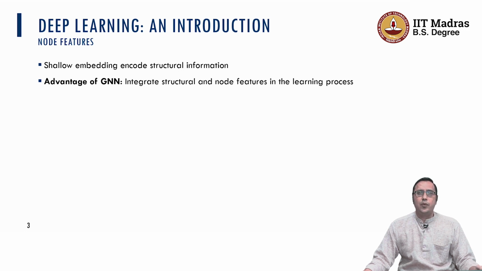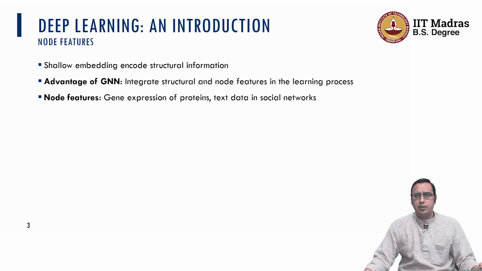The main advantage of GNN is that it integrates structural information plus it also integrates node features or edge features in the learning process. Remember that so far we have looked at only a node as an entity and its surrounding neighboring entities as features of the node. However, we have not characterized the node's own features.